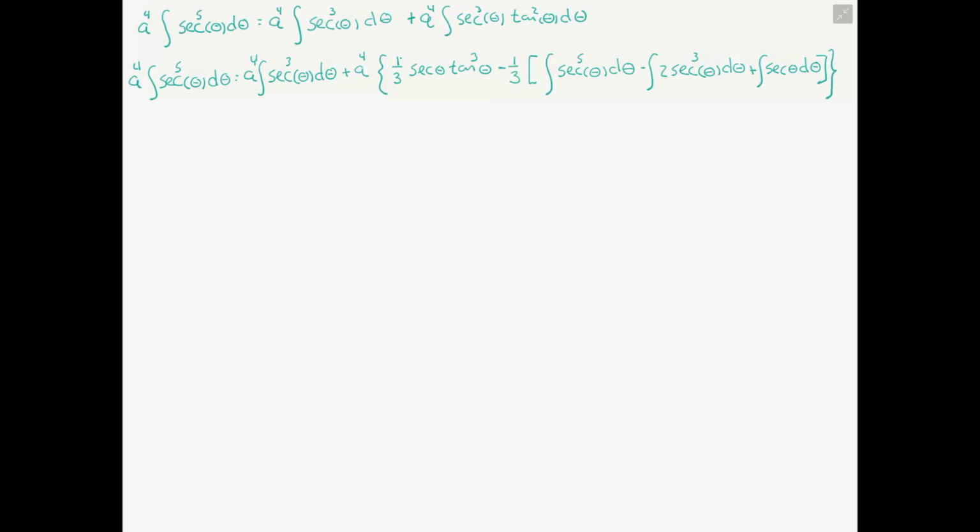And like I said, this is a particularly hard integral to solve. The secant to the fifth is not a trivial problem. It's even more challenging than the secant to the third. As you can see, it's an extraordinarily difficult, convoluted integral to solve.